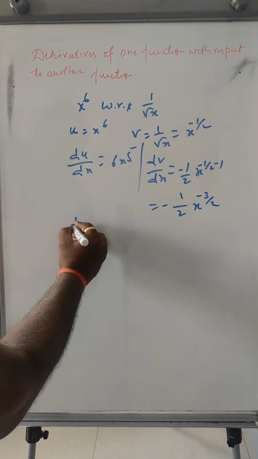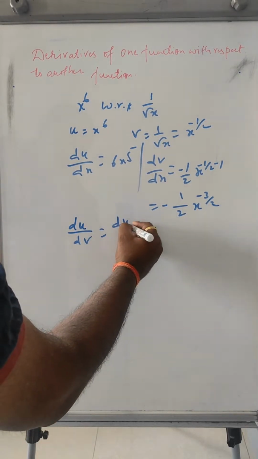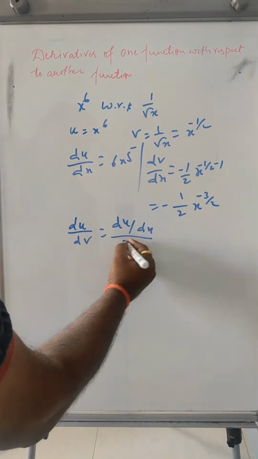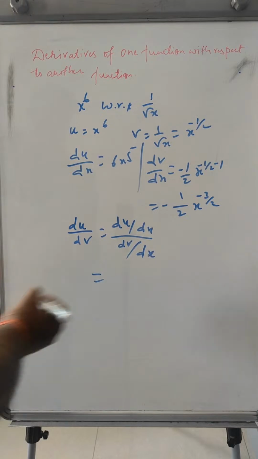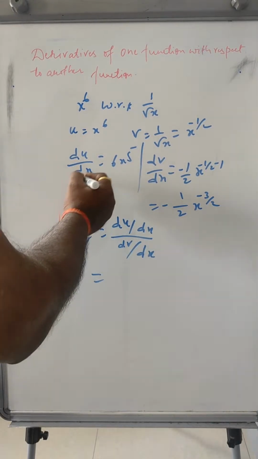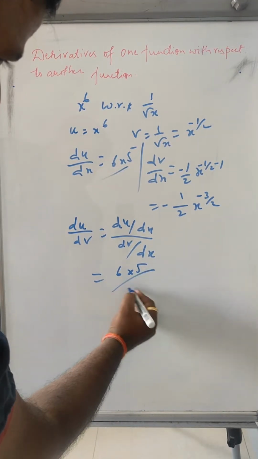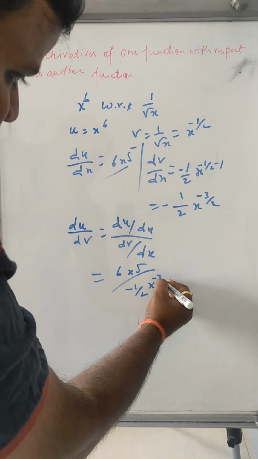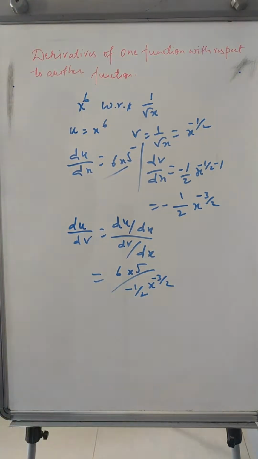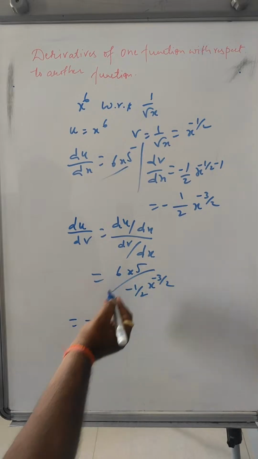So du by dv is equal to du by dx over dv by dx, correct? So du by dx is your 6 x power 5, and now here minus 1 by 2 x power minus 3 by 2, correct? So now here this will become minus 12, the 2 will go up.